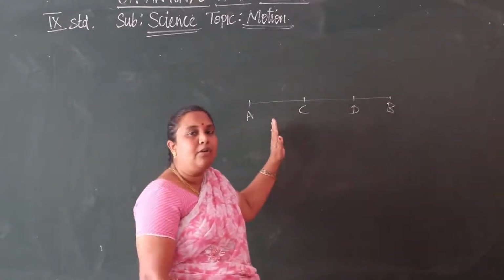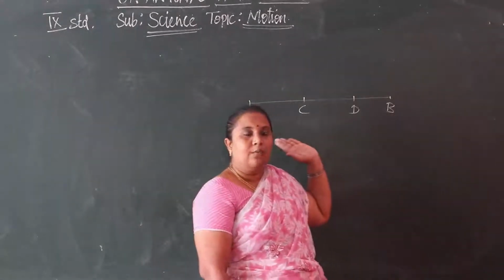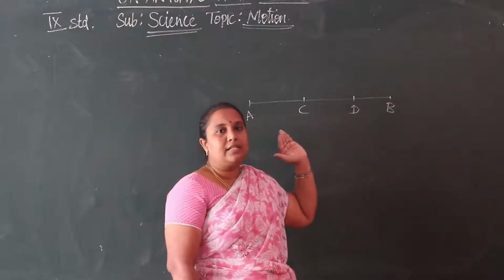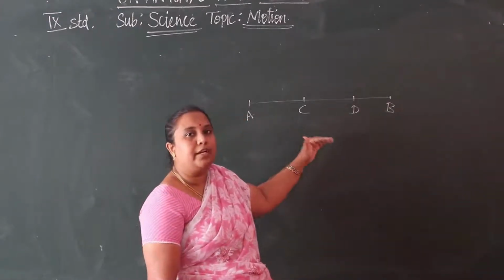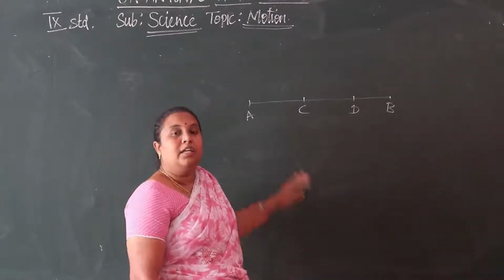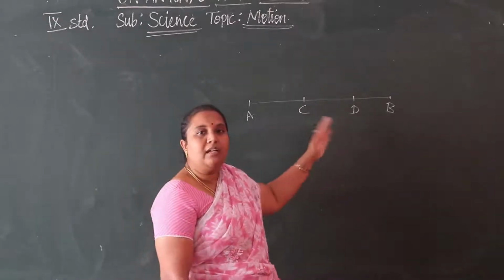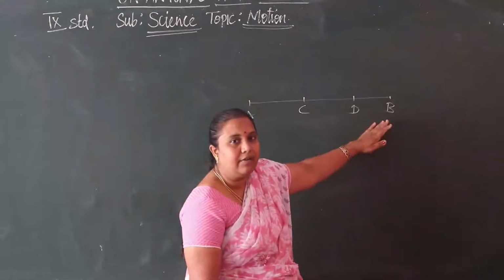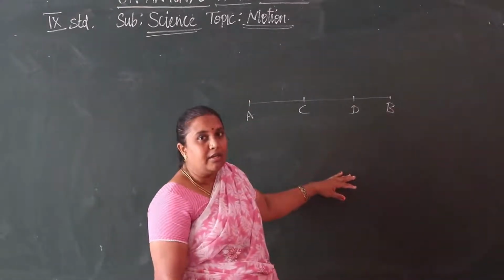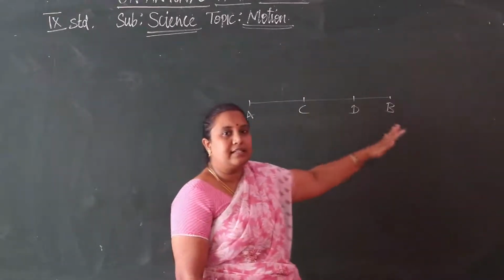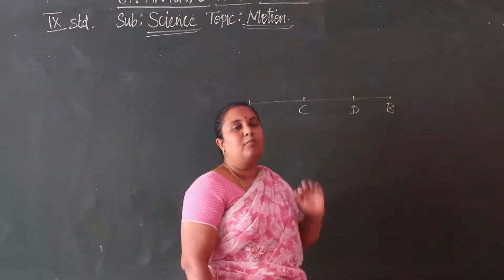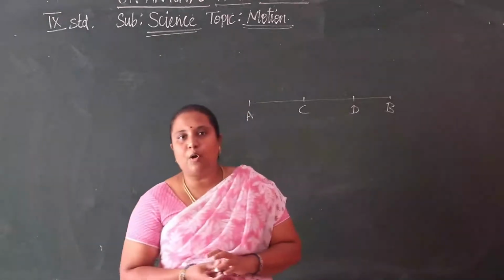So we have unequal distances. If the distances were equal, we could calculate A to B as distance traveled by time taken. But here they differ, so how do we calculate the speed of the body?